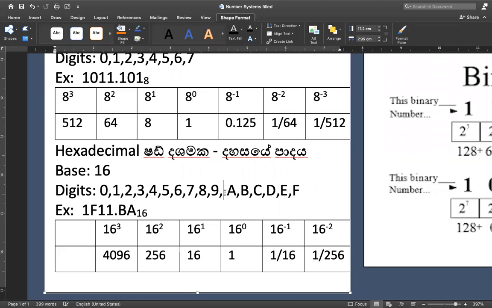Therefore, it uses a single symbol, which is A. So A is equal to 10, and F is equal to 15, but nothing more than F. After F, you don't have anything. F, G, H, I, no, you don't have such things. Up to F, because it is 0 to 15. That is the range of hexadecimal, and in hexadecimal you have letters and numbers both.